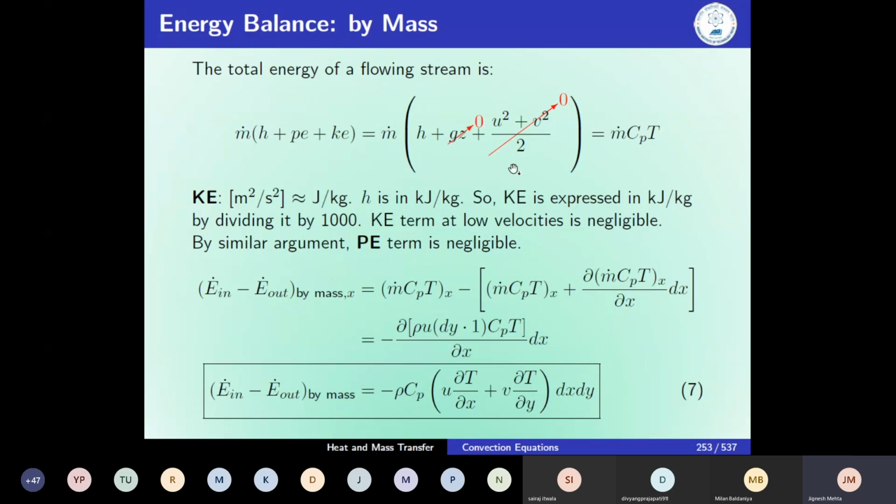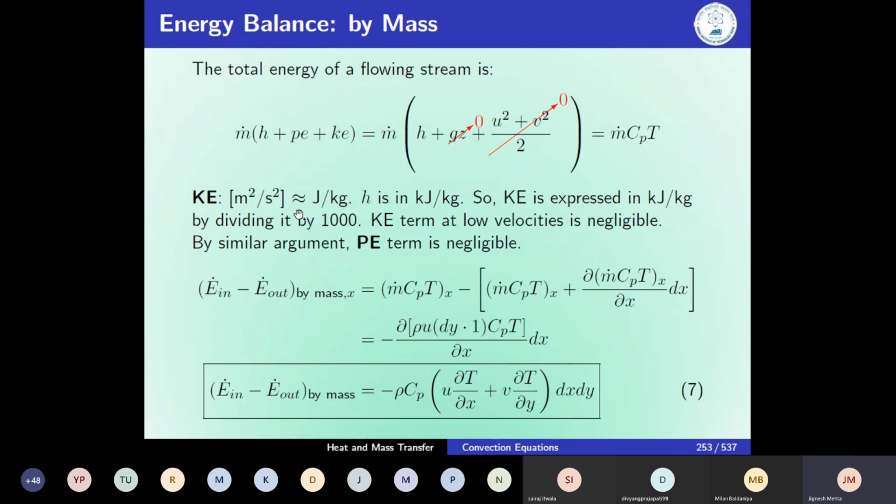Now, the changes are small, right? Here it's written 0, which doesn't mean that U and P are equal to 0. But if you take the entering section and the leaving section, then the difference would be 0, right? So these two terms are nearly equal to 0.